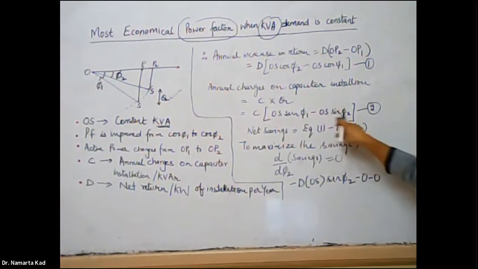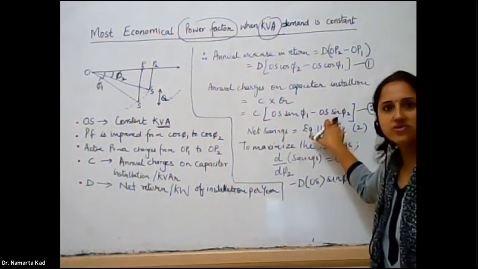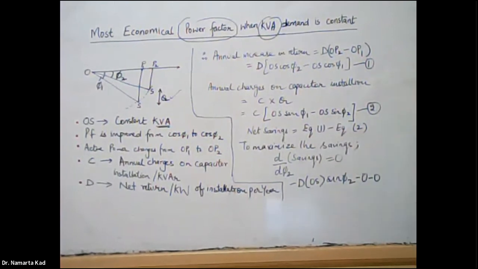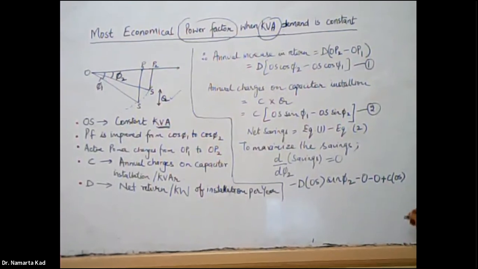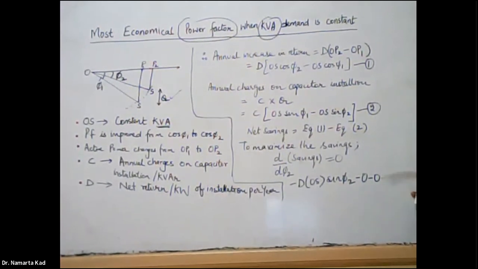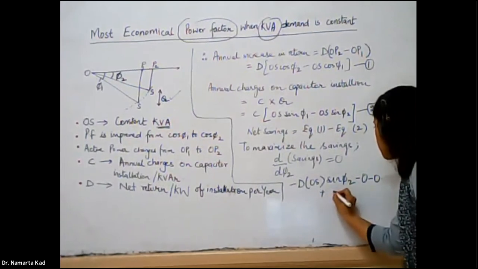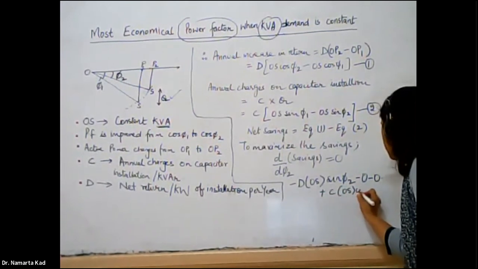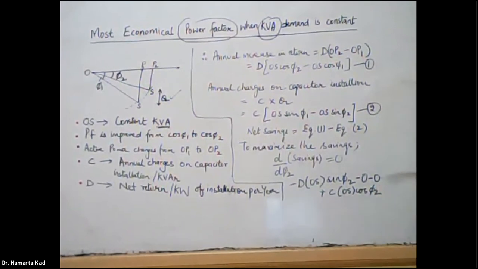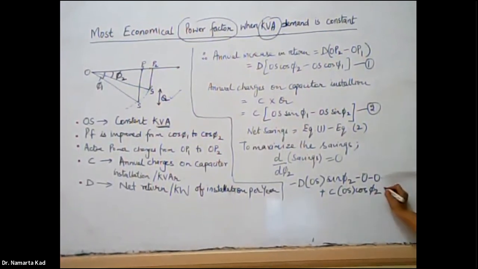Next, the differentiation of sine is cos, so it can be written as plus C into OS cos of phi 2, and equate it to 0.